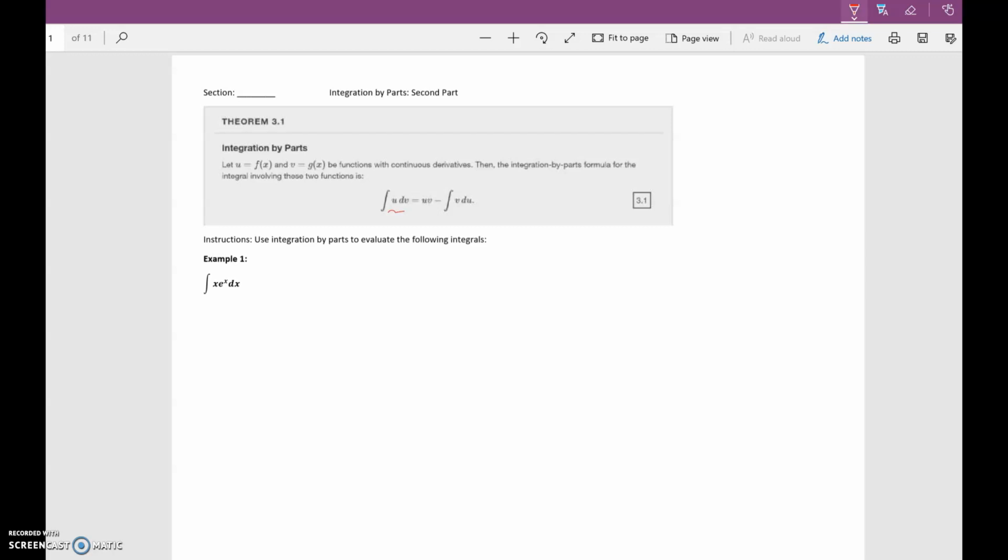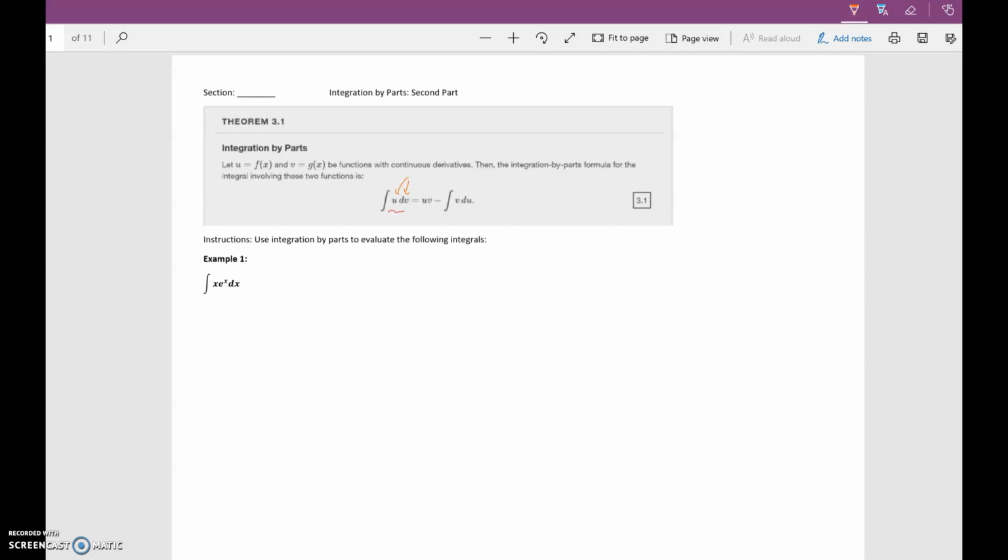So you technically have two functions, and the reason to use this formula is if the derivative occurred by taking the product rule, and in that case you end up with a u dv.